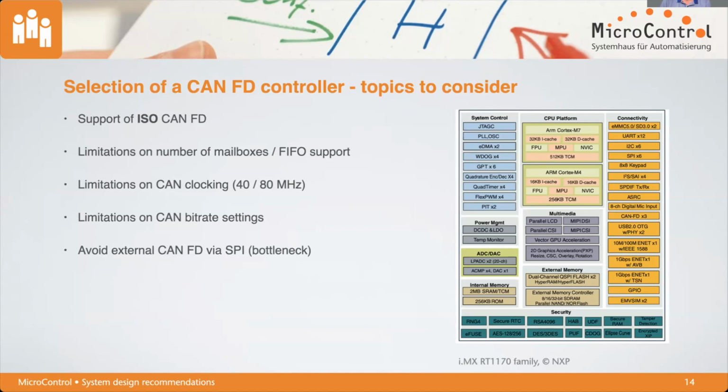The next point is the limited number of mailboxes or FIFO support. Again, my example is the RT1170 from NXP, which states on the third page of the data sheet: we support FIFOs for CAN, we can have 128 mailboxes, we have everything for CAN.